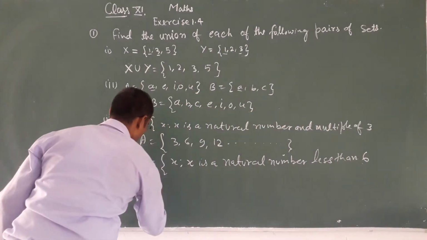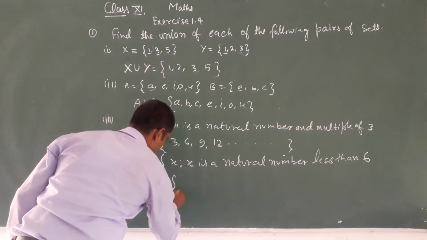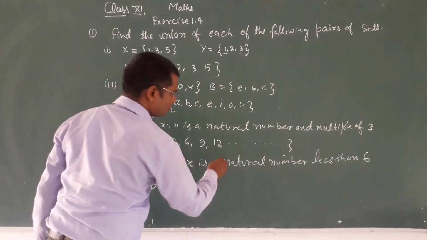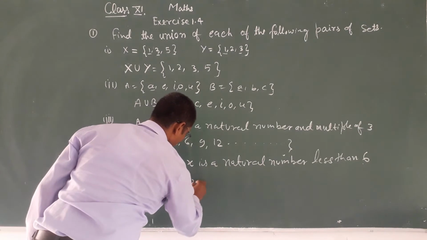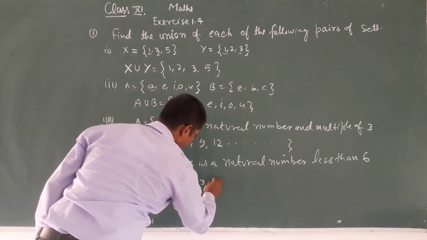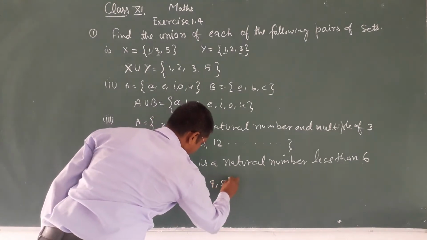So you can write set B is equal to 1, 2, 3, 4, 5.